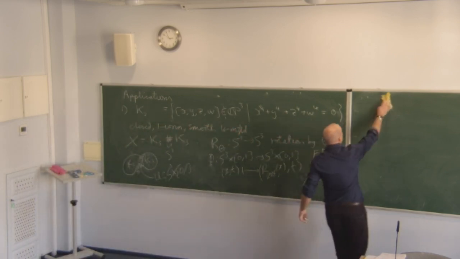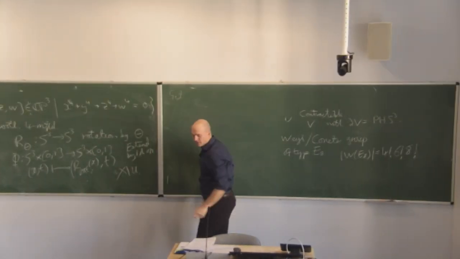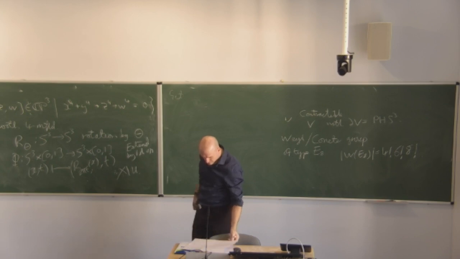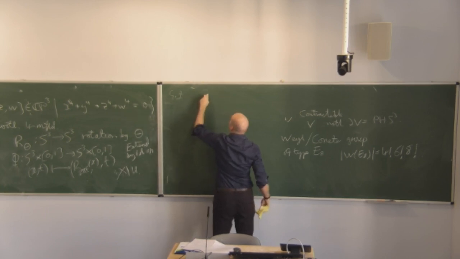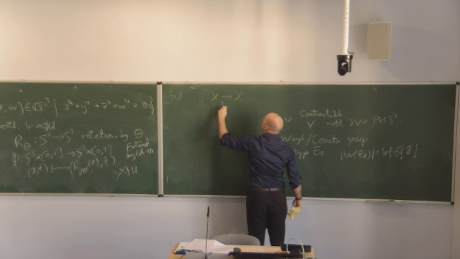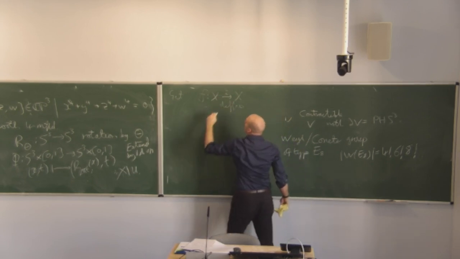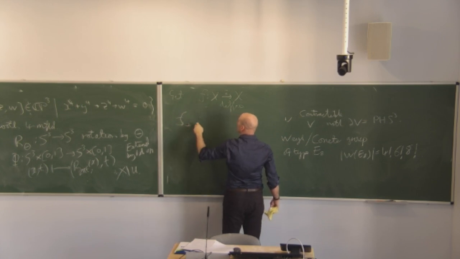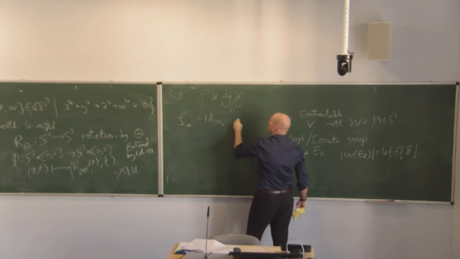So I get, let's see, I give it a name. Well, I just get some F from X to X, which is a diffeomorphism. And F star is the identity on H2.